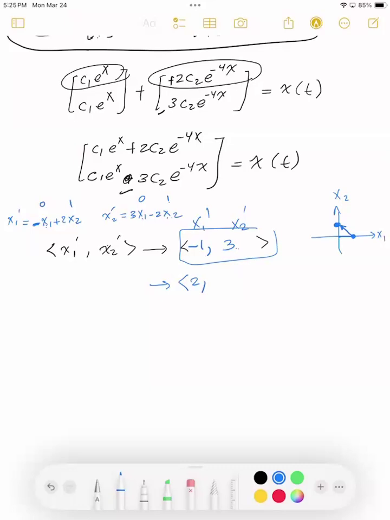So when I pick 0 for x1 and 1 for x2, I get -2. So that means when I go here, this is positive 2. Oops, no, positive 2 is not that way. Positive 2 is this way, and then I have a negative 2.